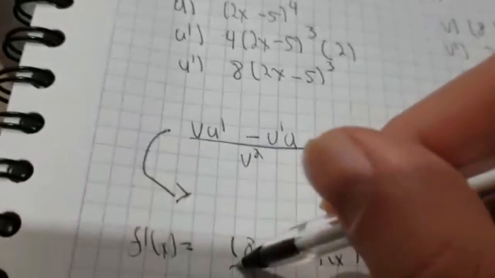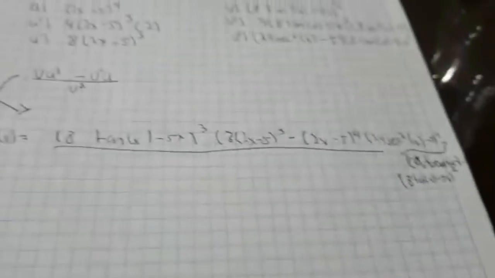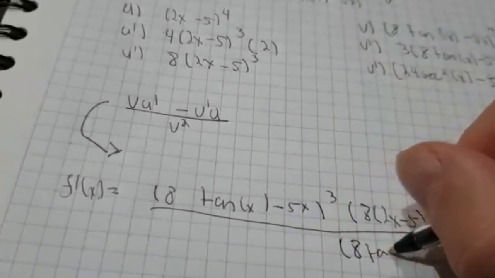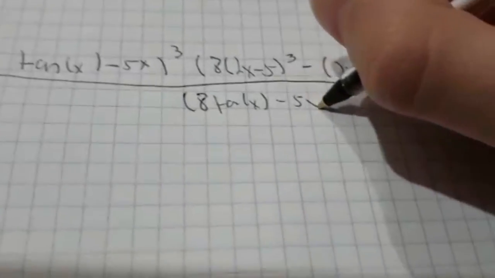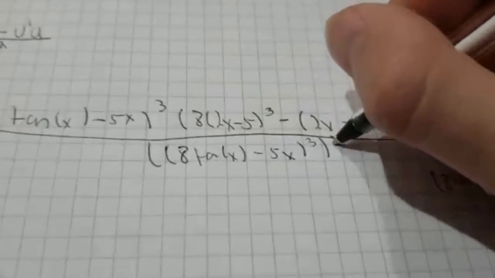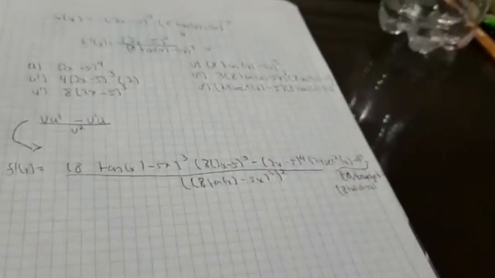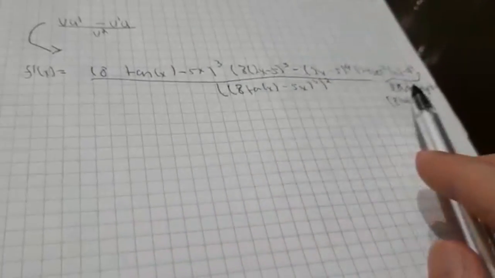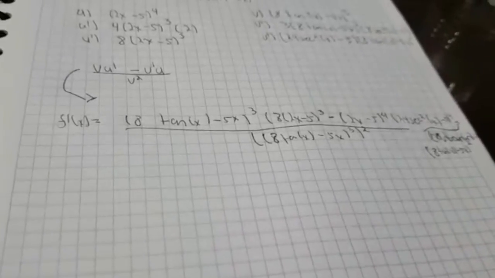And everything, including that part, is going to be divided by v, would be 8 tan of x minus 5x cubed, and all that squared. Okay, so I ran out of space a little bit because it is really long.